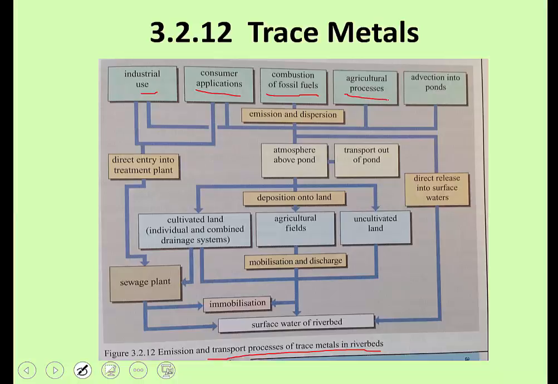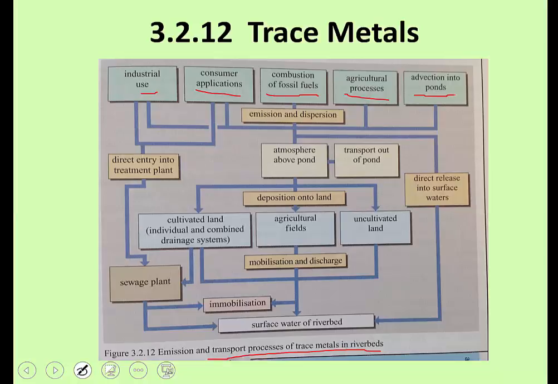A lot of agricultural processes use these metals. Various metal salts are used for insecticides and herbicides. And there's advection into ponds, so things getting pulled into ponds through deposition, runoff, and various things.